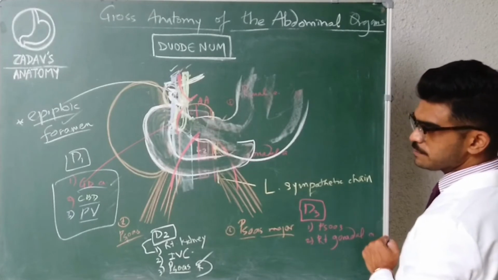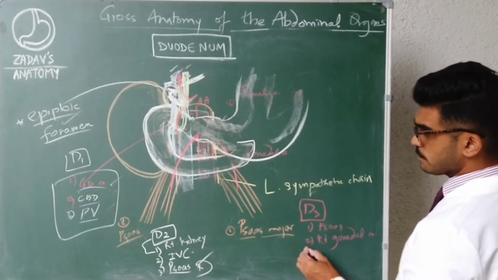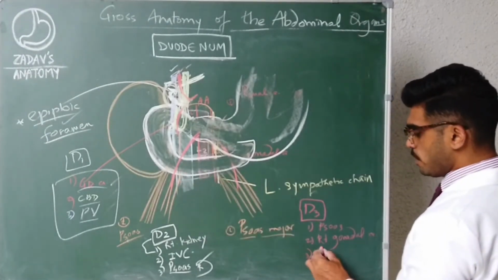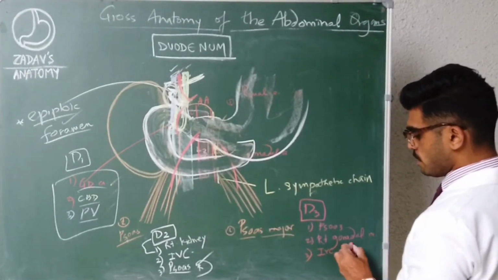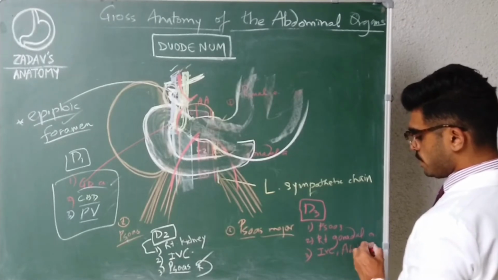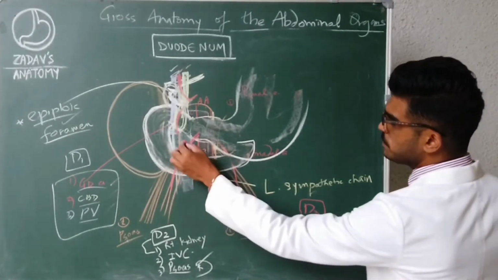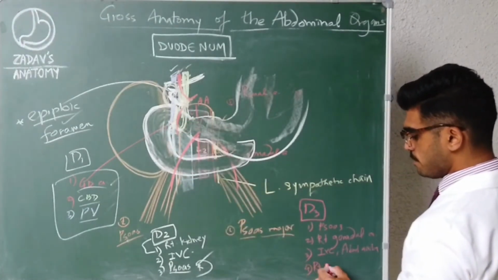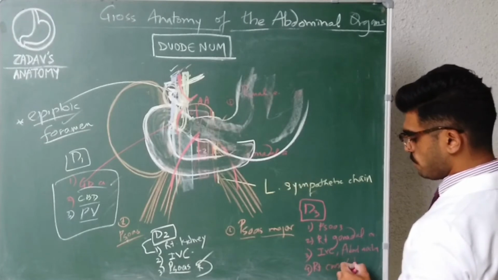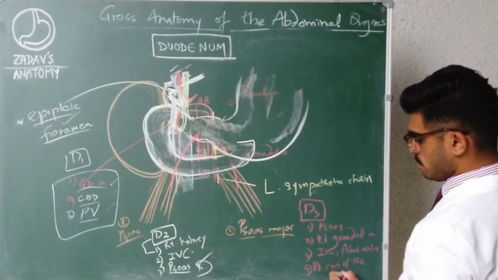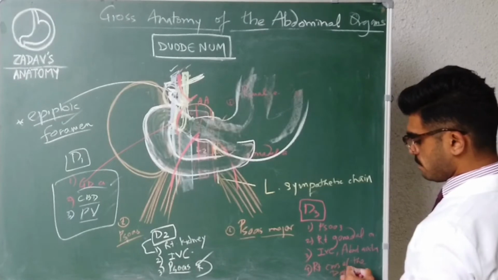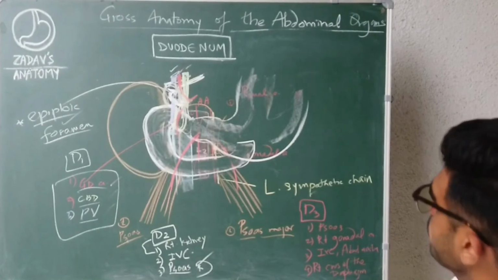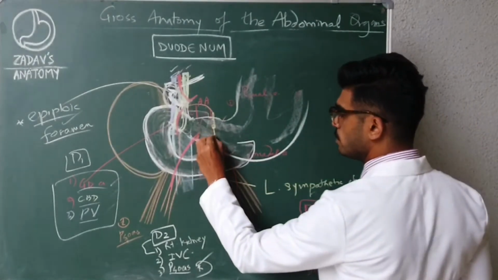Then inferior vena cava and abdominal aorta. Then between both of these lies the right crus of the diaphragm.